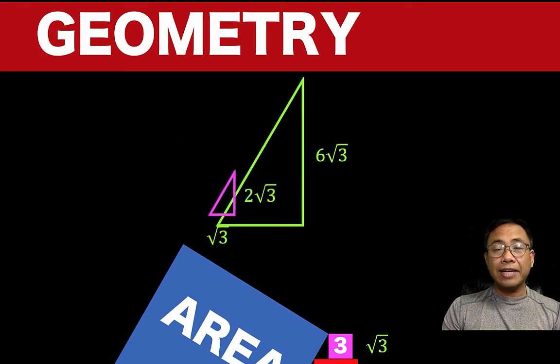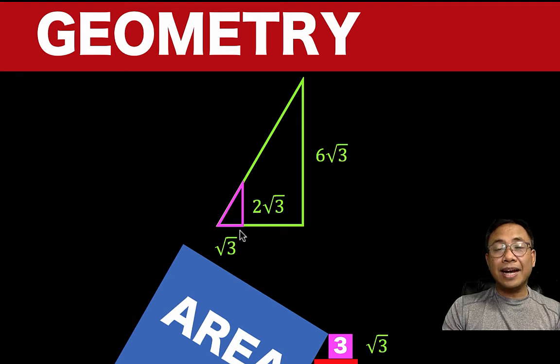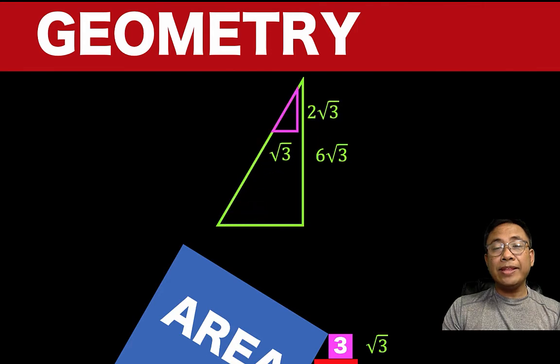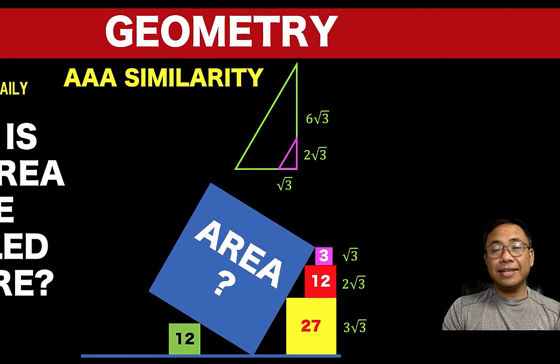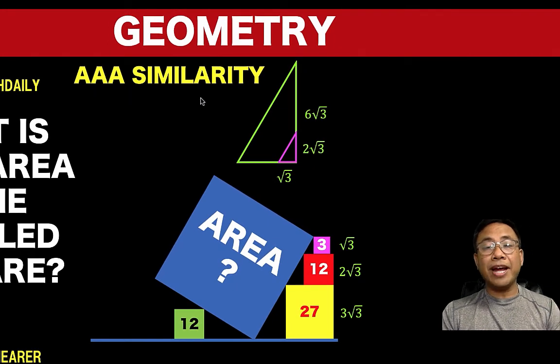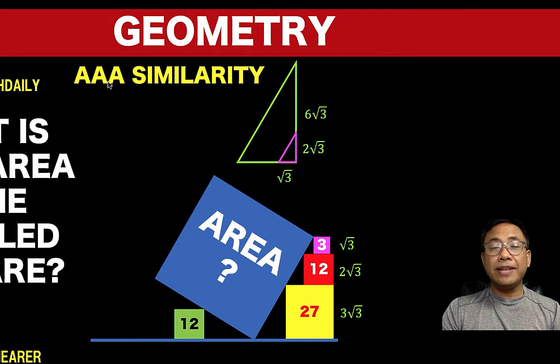Notice that I can put this pink triangle over here, and it shows that these angles of the green and pink triangles are congruent. The same with the angle at the top and the right angles. And so by AAA similarity, these 2 triangles are similar because their 3 corresponding angles are congruent.